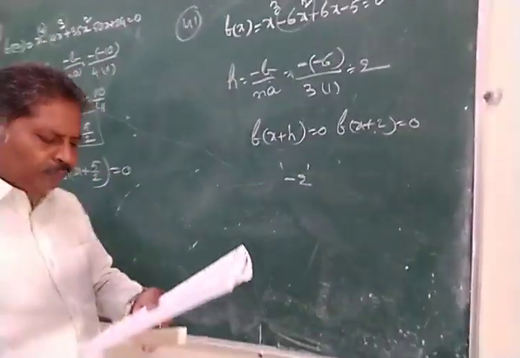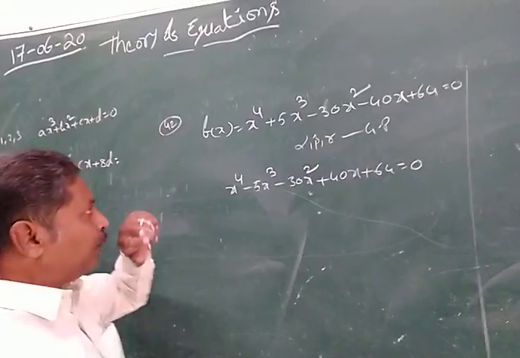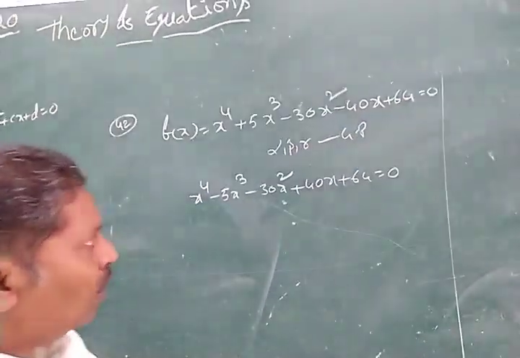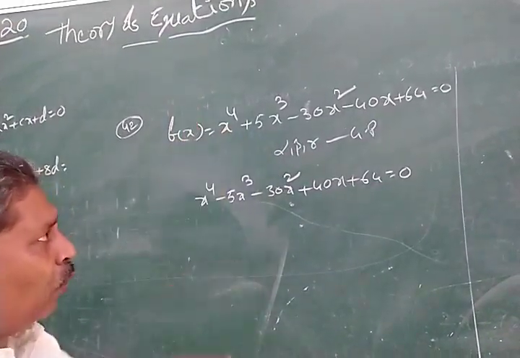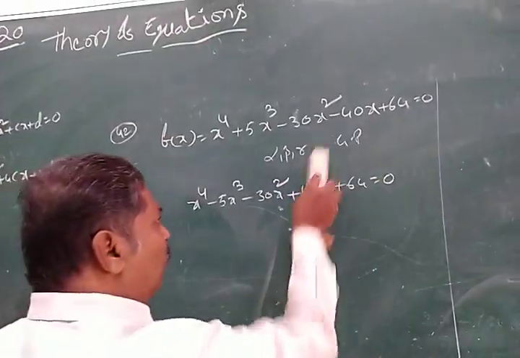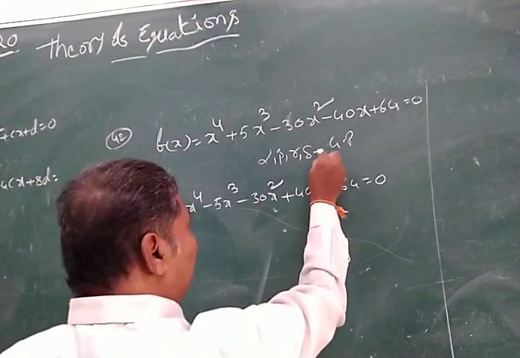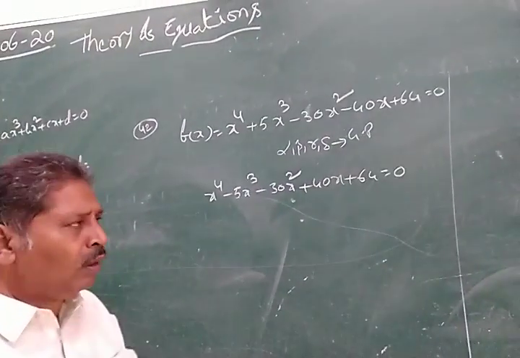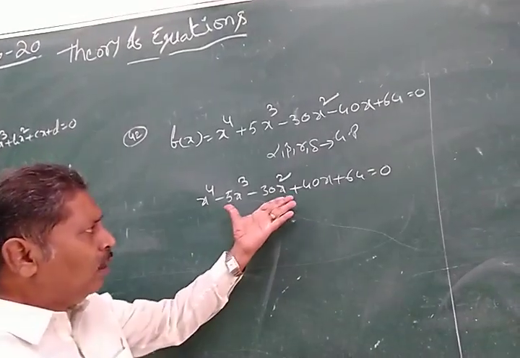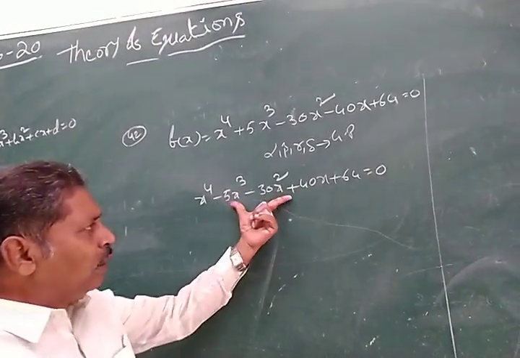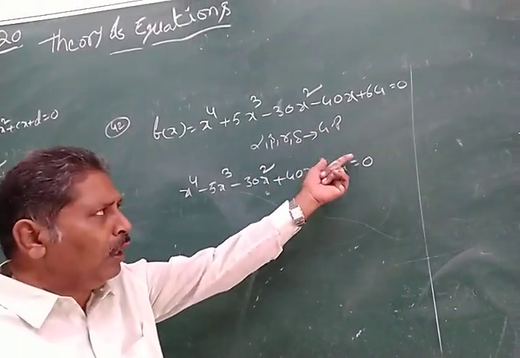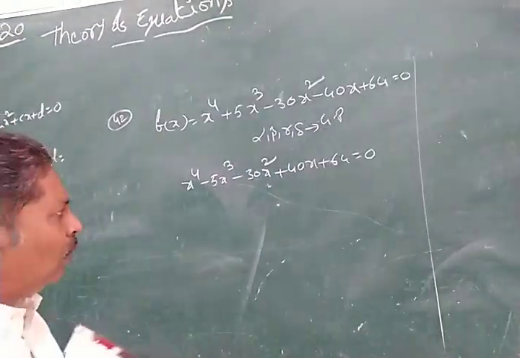Next, bit number 42. F of x equal to, given their roots alpha, beta, gamma and delta are in GP, then find the roots of this equation are in AP, GP, HP or anyone.